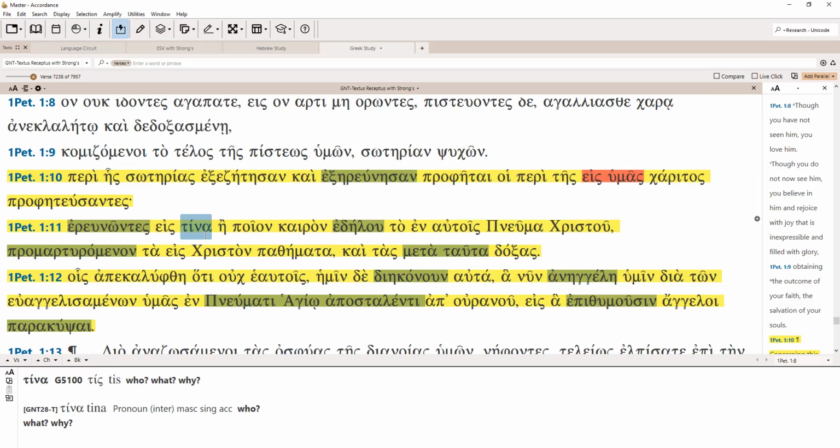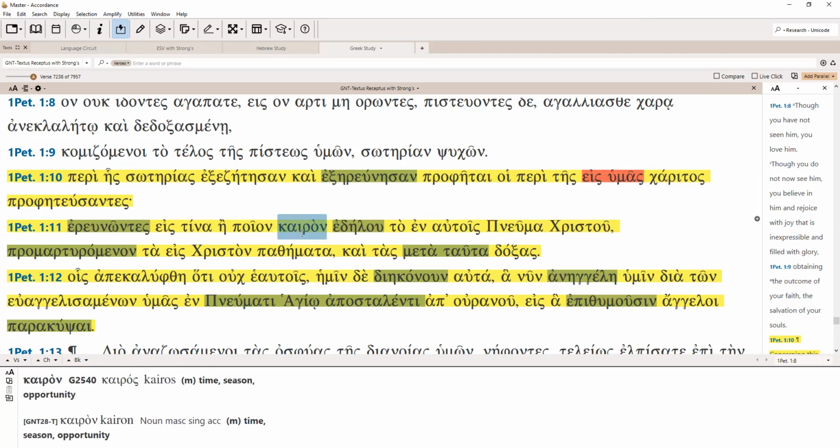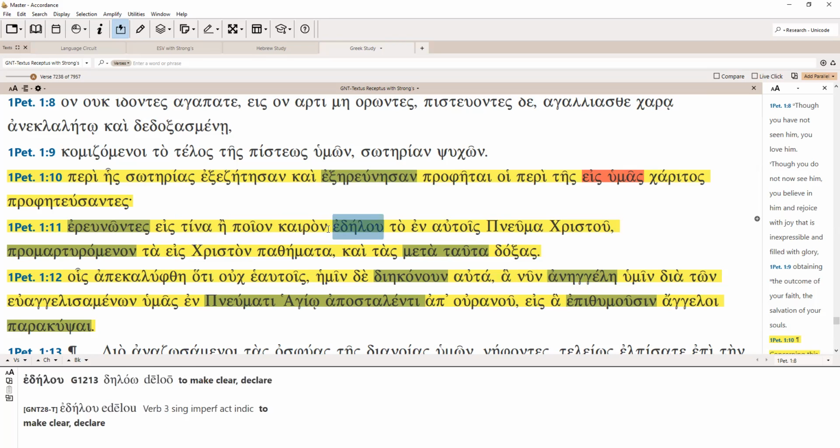So here, this is definitely a person. So eis tina is into whom, or about whom. E poion kairon. So poion is what, which kind, or what kind. Poion kairon, which kind of time, what time. So who and when.